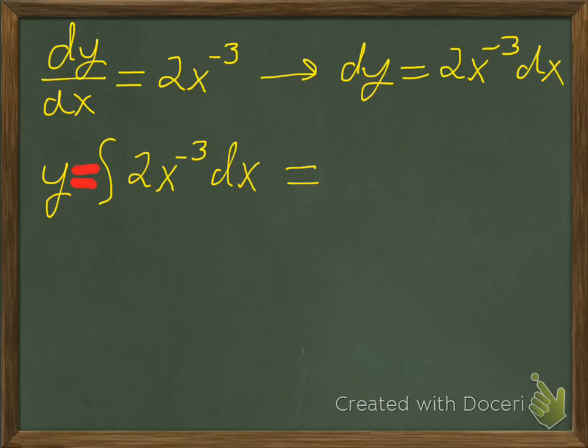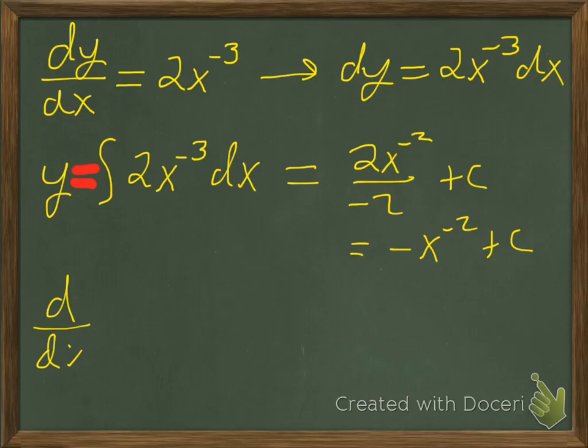And this might be a little bit harder to think about who has a derivative of this. So we want to maybe just appeal to our power rule, which is to add 1 to the exponent and then divide by that exponent. Okay, so 2x, add 1 to the exponent, so the negative 3 becomes a negative 2, divide by that exponent, and add your constant of integration. That gives us negative x to the minus 2 plus our constant of integration.